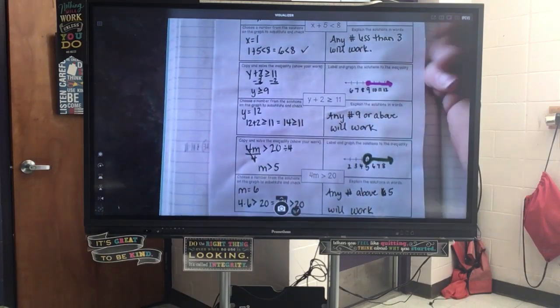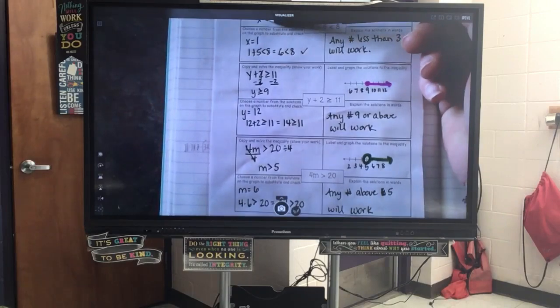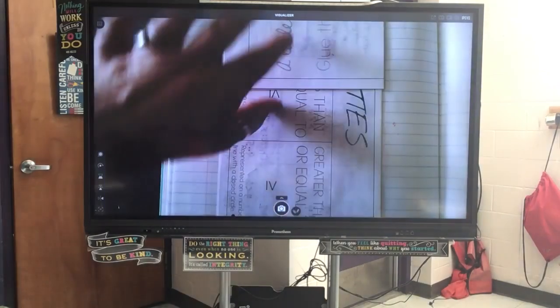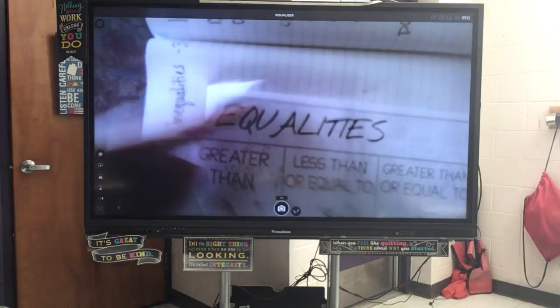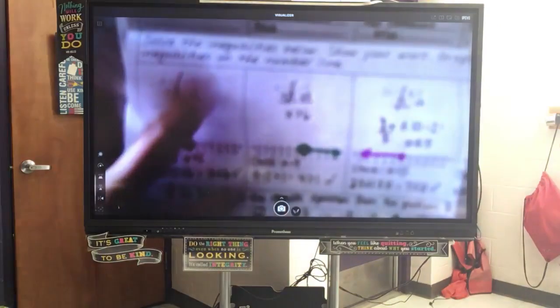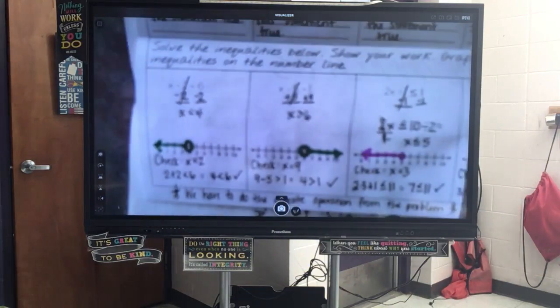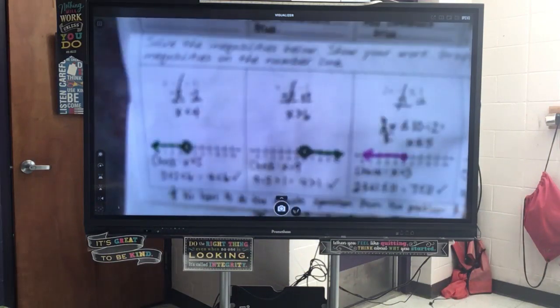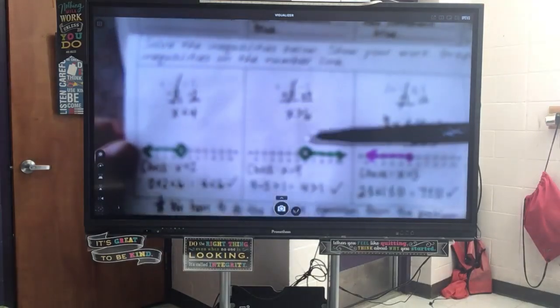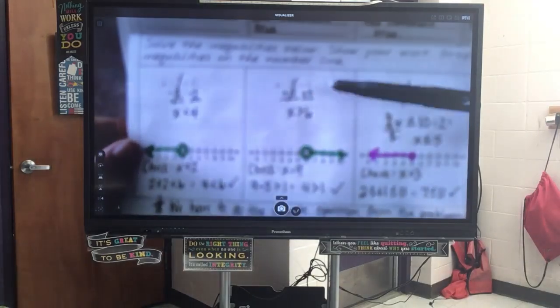You write it, you solve it, you check it. Anyways, the bottom of this foldable down here is essentially the same exact process.